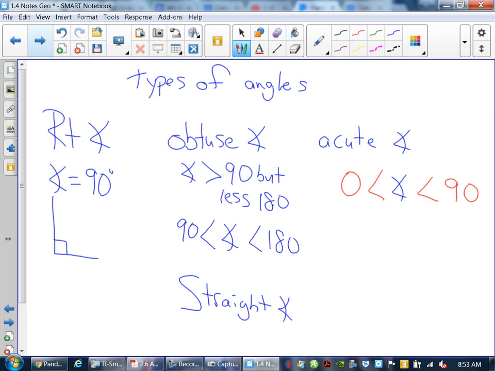I'm right. Now, just for interest, when you take a look at an XY coordinate grid, if you start at 0, that's 90 degrees up, there's 90 degrees back this way, 90 degrees here, and 90 degrees back. That's why it's 360 degrees to get around.